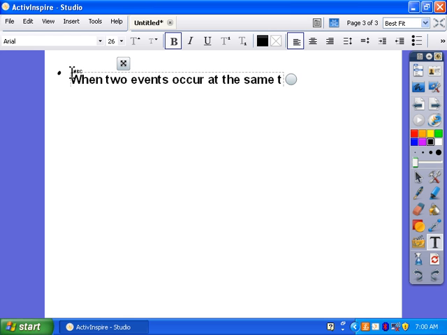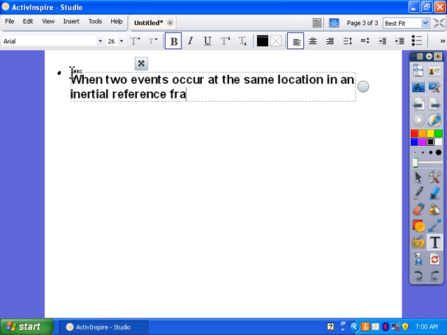Or I'm sorry, at the same location in an inertial reference frame. An inertial reference frame is just a reference frame in which physics works.